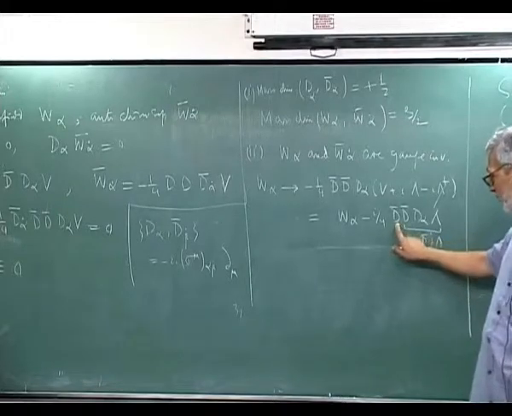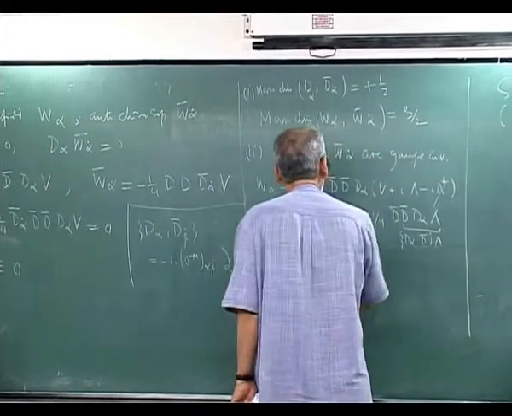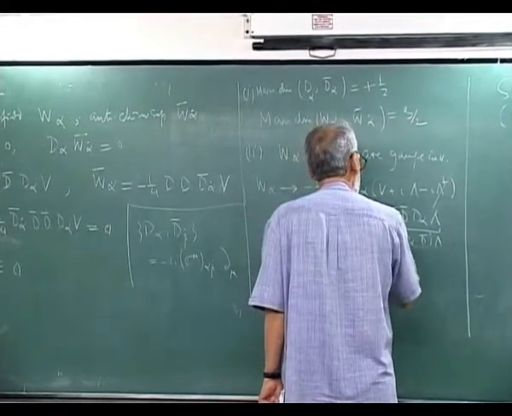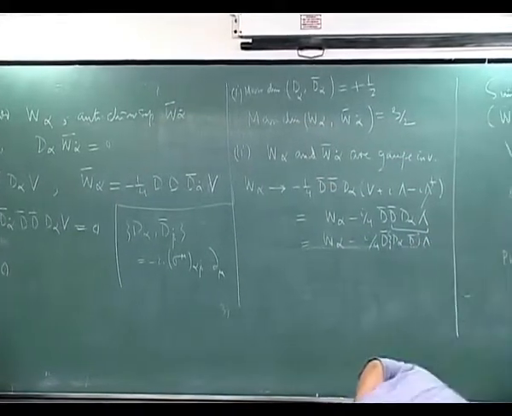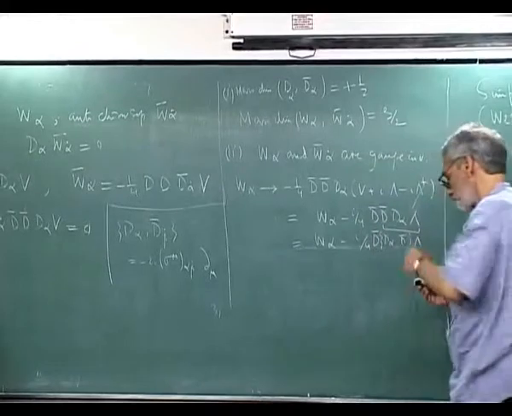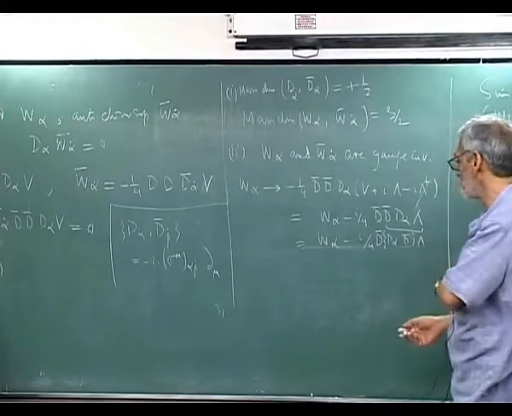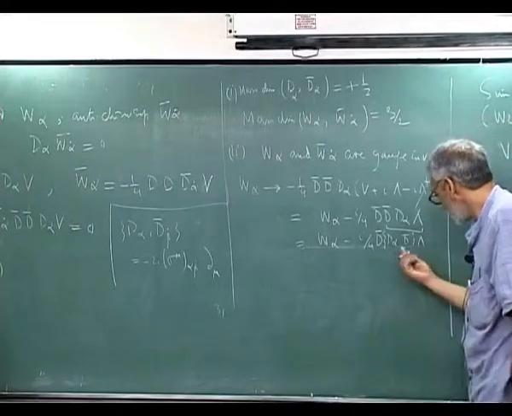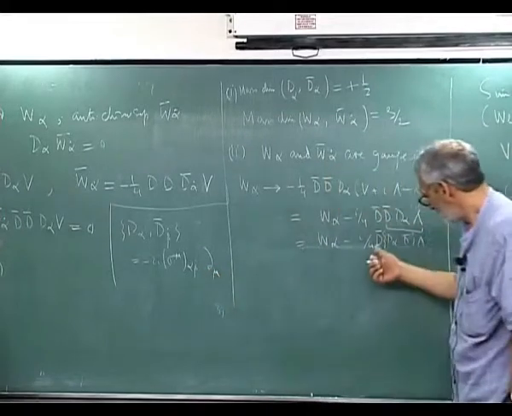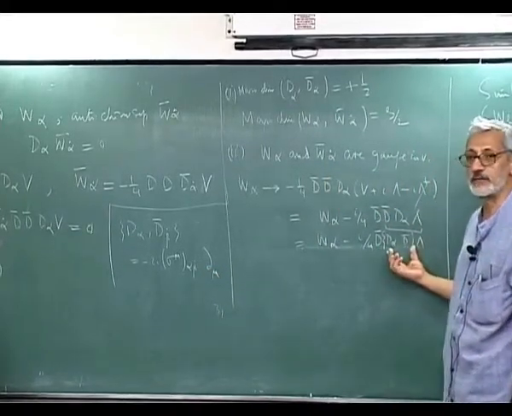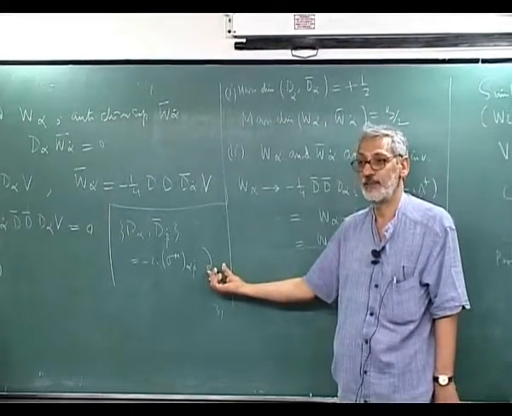Now look at this, there's a D bar outside here. So let me write this again. It's W alpha minus I by 4 D bar. So this is an object which is this. This D bar commutes with this because D bar commutes with ordinary d mu.